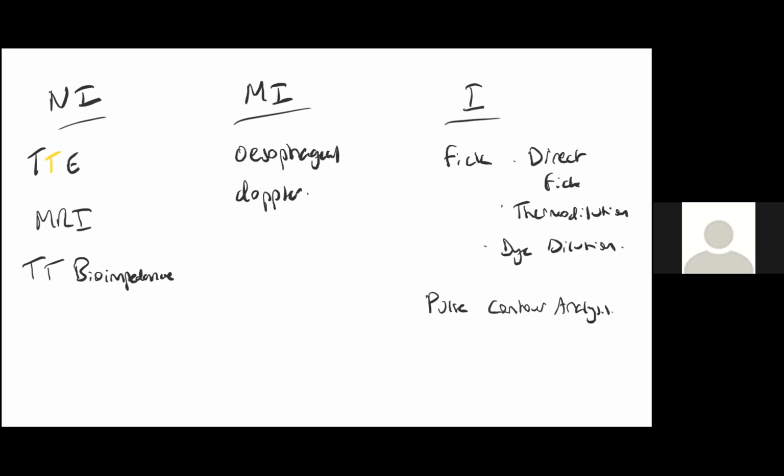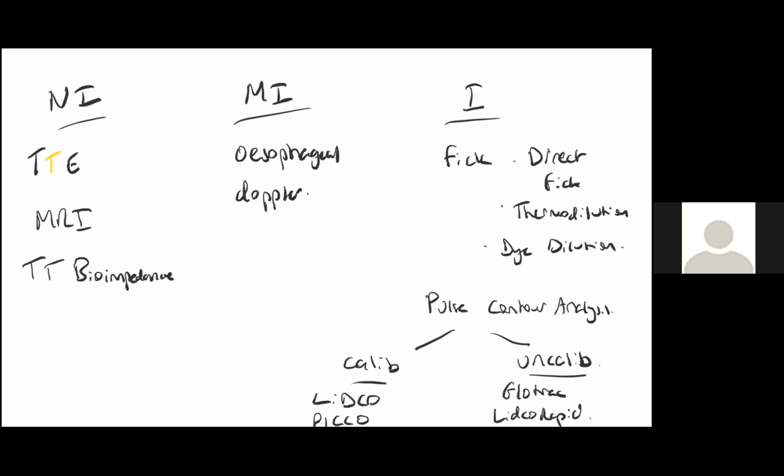Pulse contour analysis is further divided into calibrated and uncalibrated. The calibrated systems in use are the LiDCO and the PiCCO systems. Uncalibrated systems are things like FloTrac or LiDCO rapid.